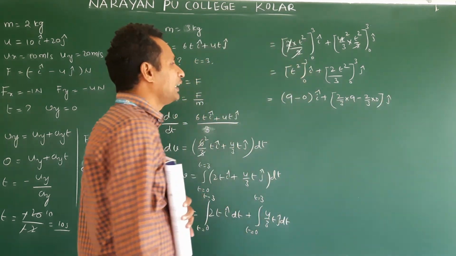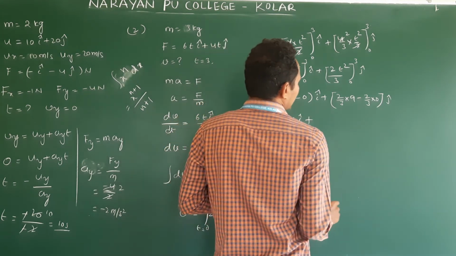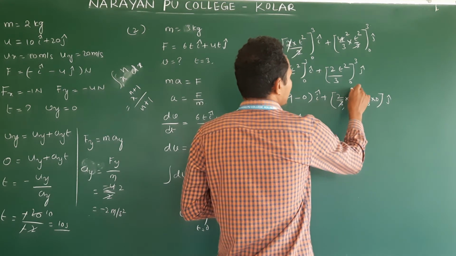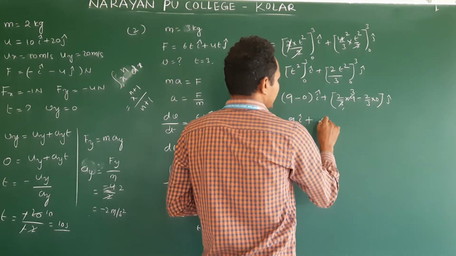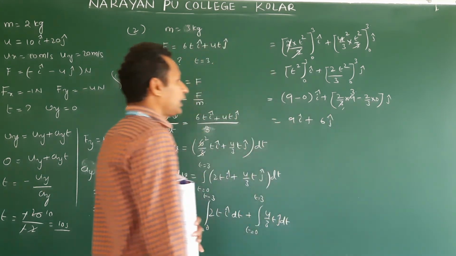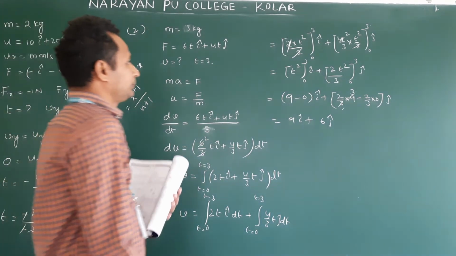First the upper limit then the lower limit. This is 9 i cap plus, clear, 3 times cancel, 2 into 3 is 6, 2 by 3 into 0 is 0 j cap. So 9 i cap plus 6 j cap. Okay, next, third one.